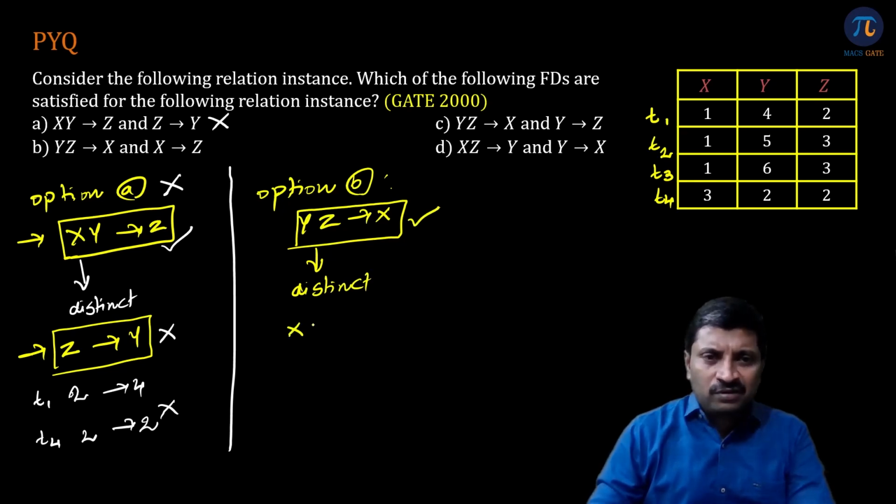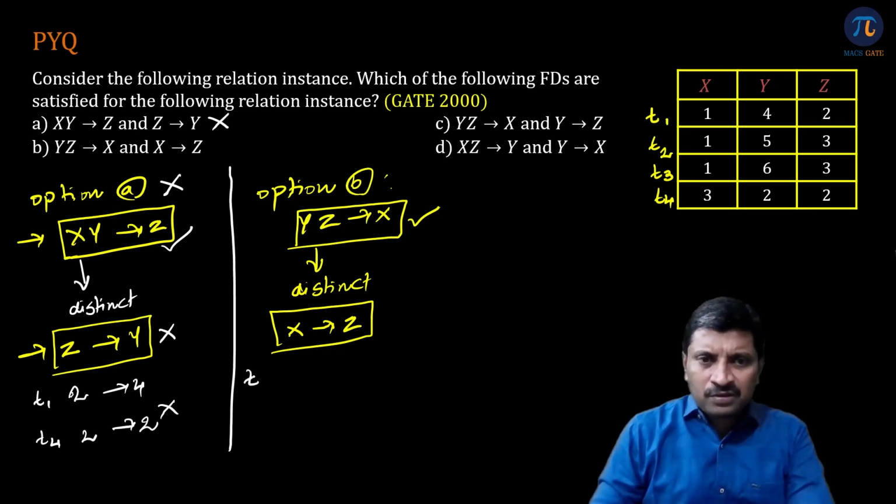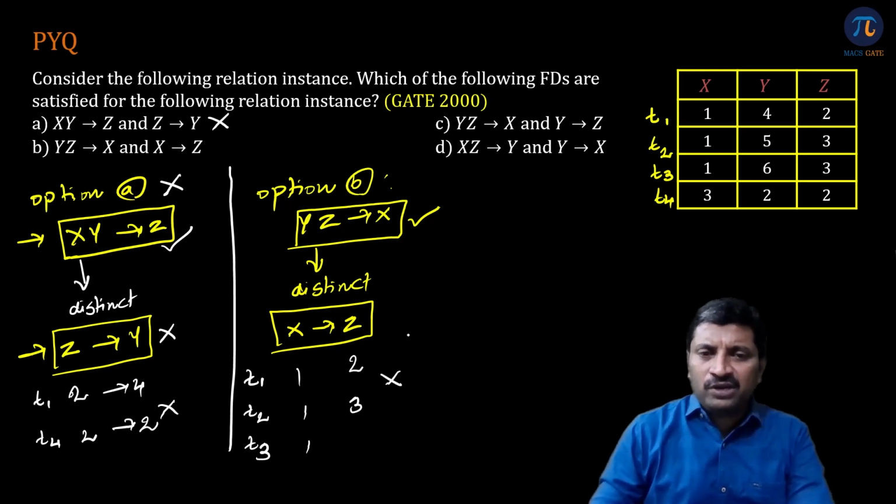What about second one? X goes to Z. What about X, sir? T1, T2, T3. These are having same values. What about Z? 2, 3. By here only it failed. So option B is not correct.